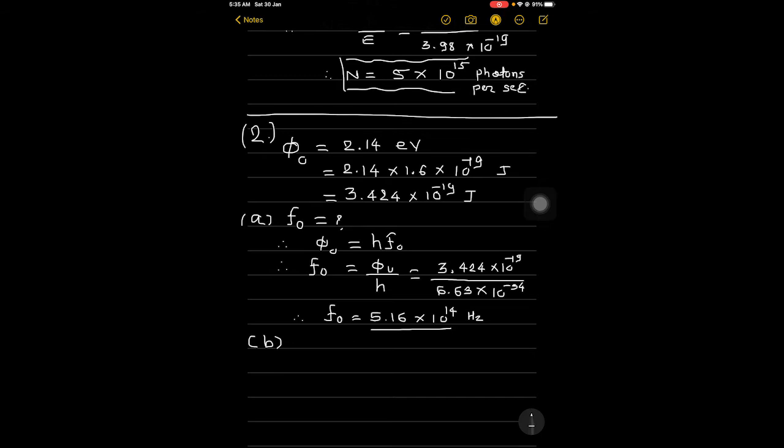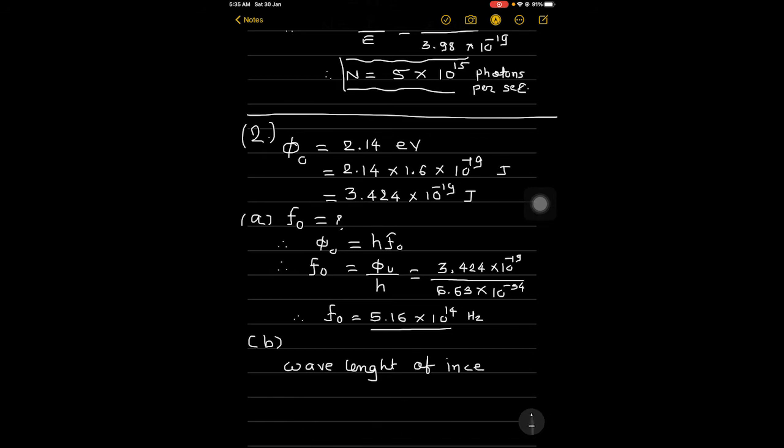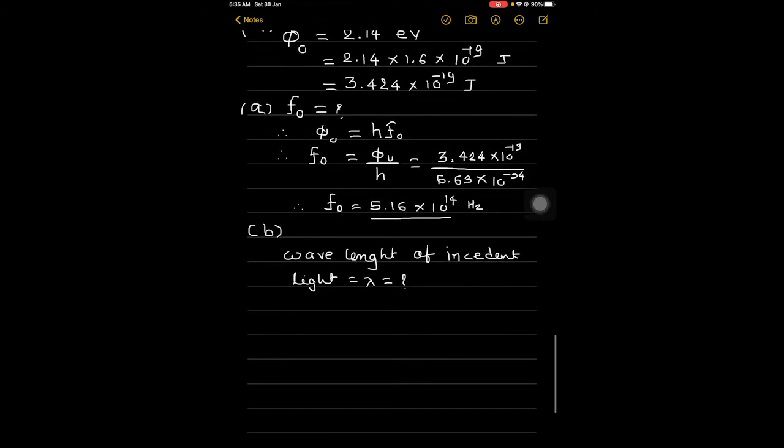So we are asked to find out the wavelength of incident light, that is lambda.